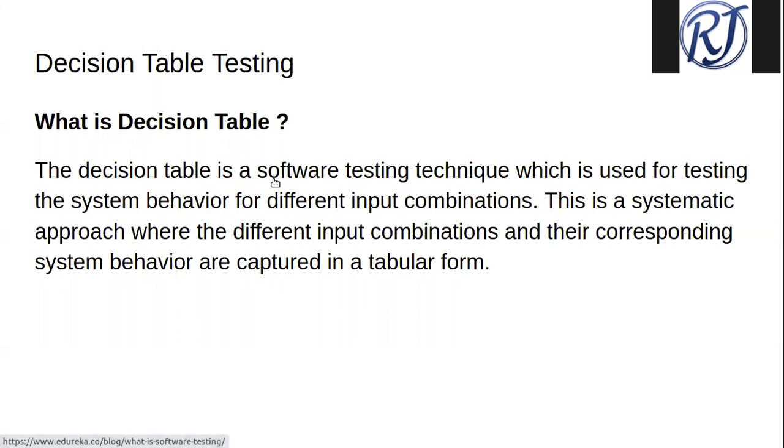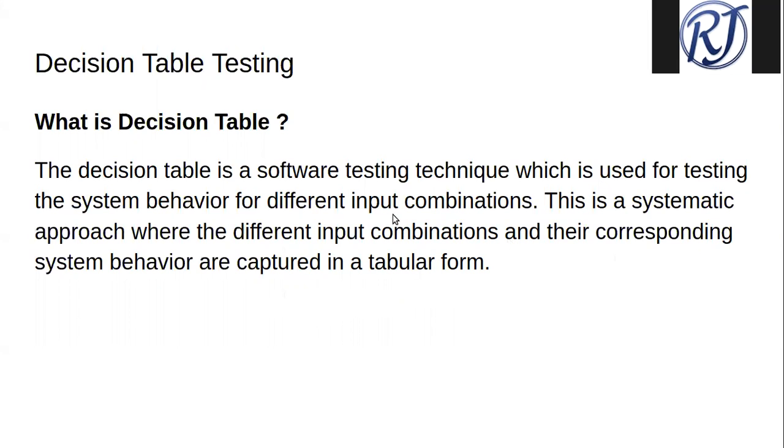So, the decision table testing technique. First of all, you should know what a decision table is. The decision table is a software testing technique which is used for testing the system behavior for different input combinations. This is a systematic approach where the different input combinations and their corresponding behavior are captured in a tabular form.